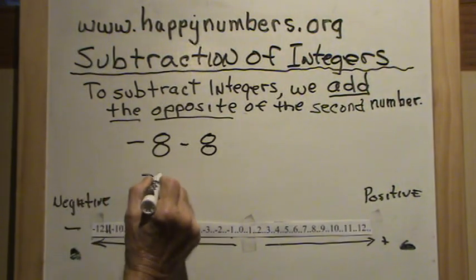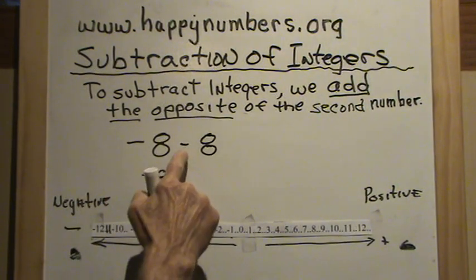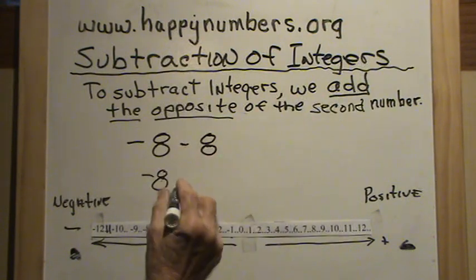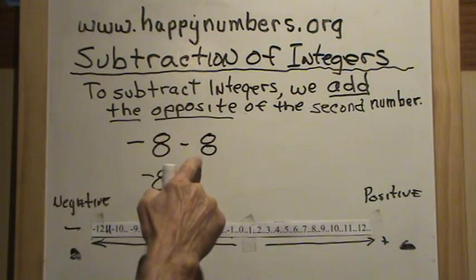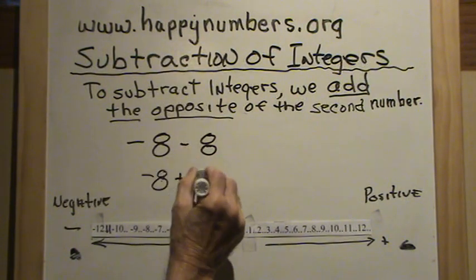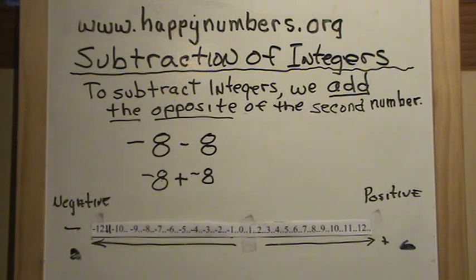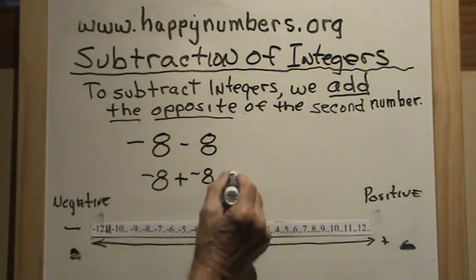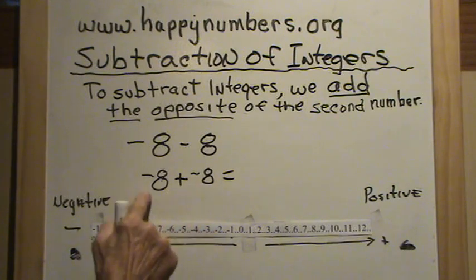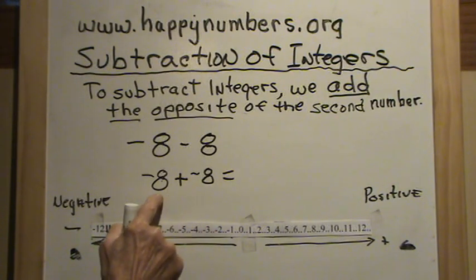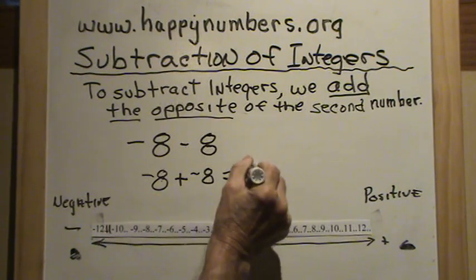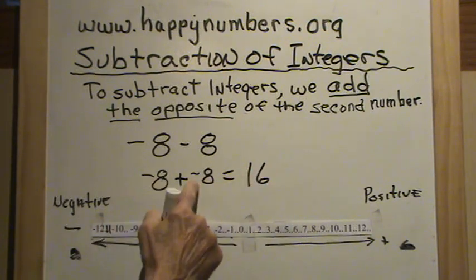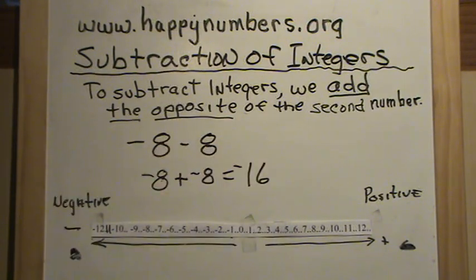So we have negative 8. We have to change this because we're adding, so it becomes, the opposite of positive 8 is negative 8. So now we're adding two signed numbers whose signs are the same. So we combine the numbers. 8 and 8 is 16, and we use the common sign, negative 16.